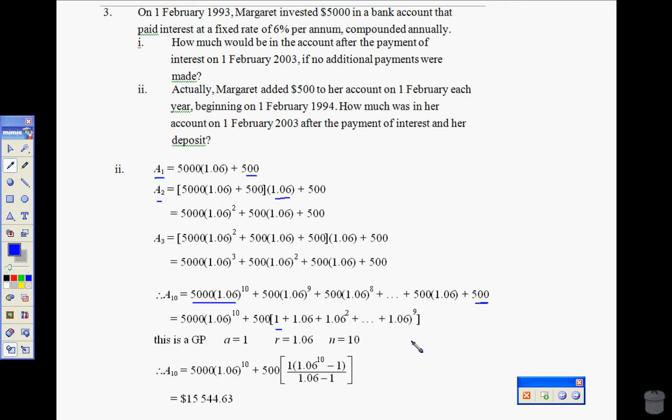There are 10 payments that have been made, from 1994 all the way through to 2003. The 5,000 is separate because it's not part of this pattern. There are still 10 terms. Again, don't just look for the 9 and go, oh, there's 9 terms. You would be out. There's lots of cases where these questions are wrong because people don't get the right number of terms.